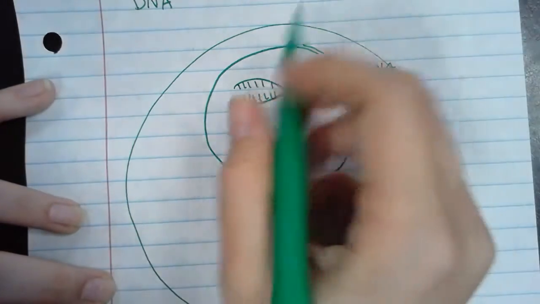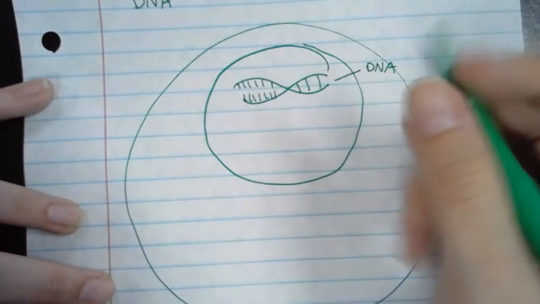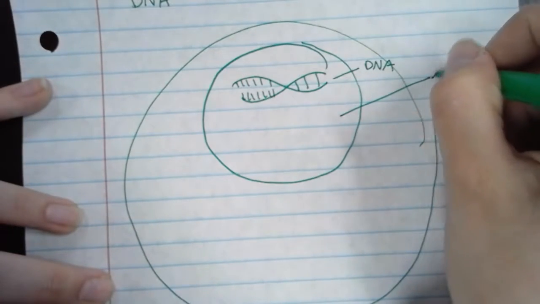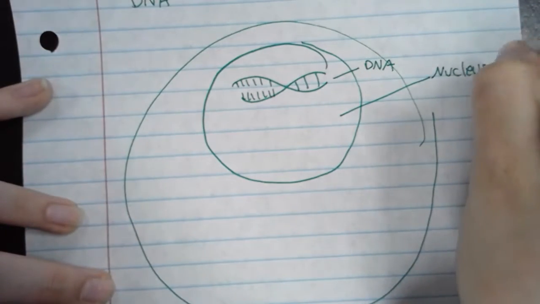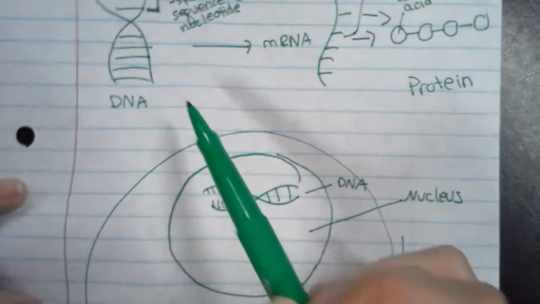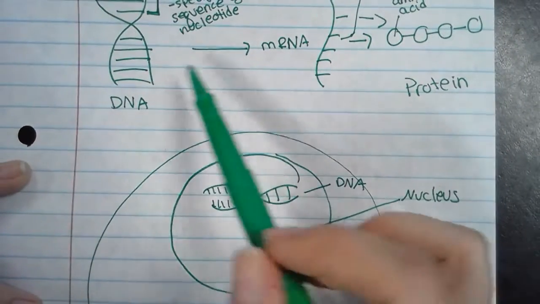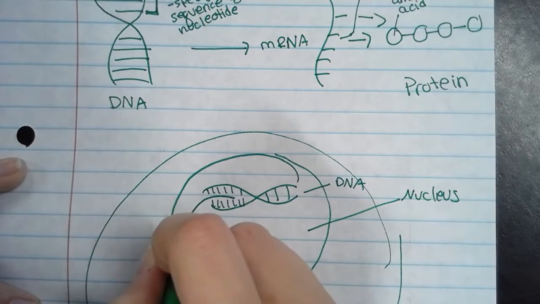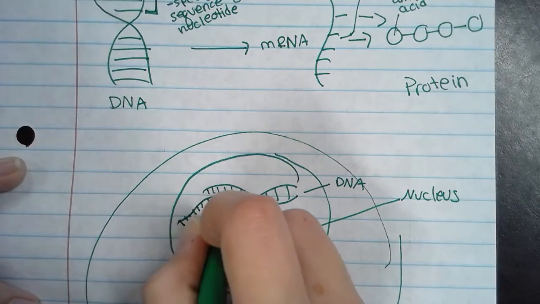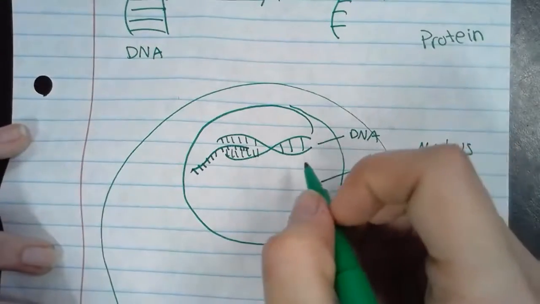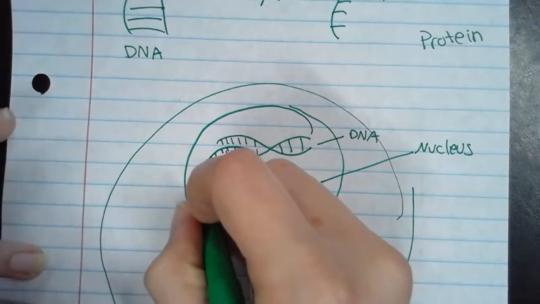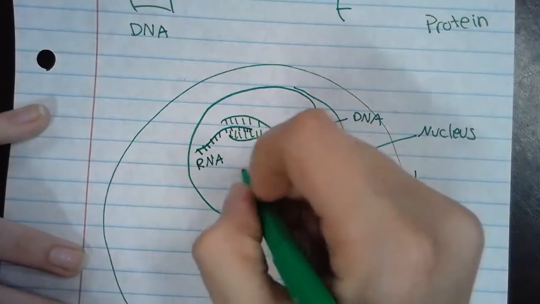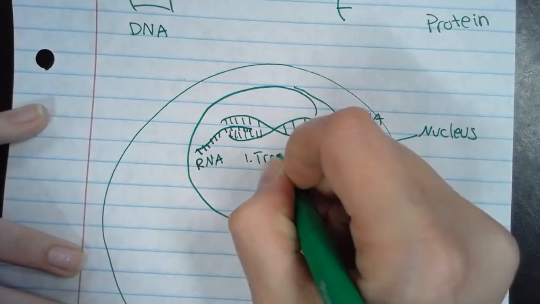Sorry, this inner circle is the nucleus, because that's where DNA is kept. My first part of protein synthesis is transcription, when I'm converting DNA to RNA. So I'm just going to draw a little picture. DNA I know is a double helix, RNA is a single helix. I'm converting DNA to RNA, or I am transcribing. So this is first transcription.